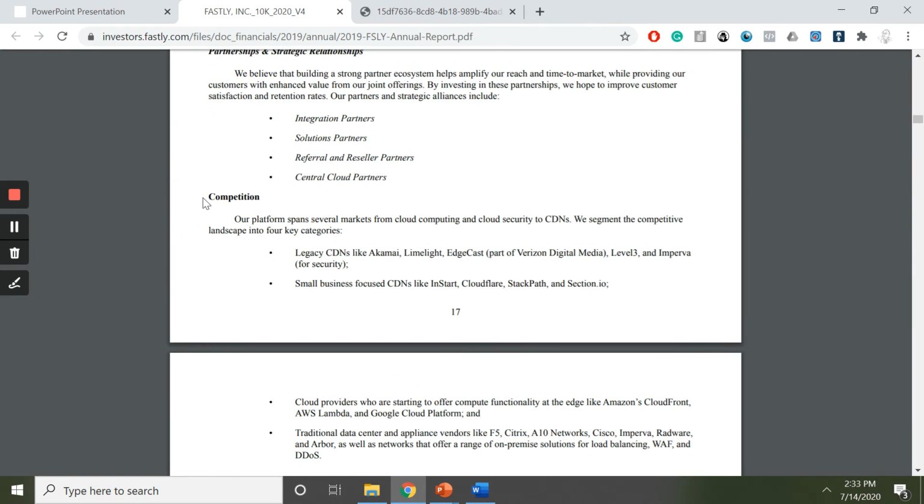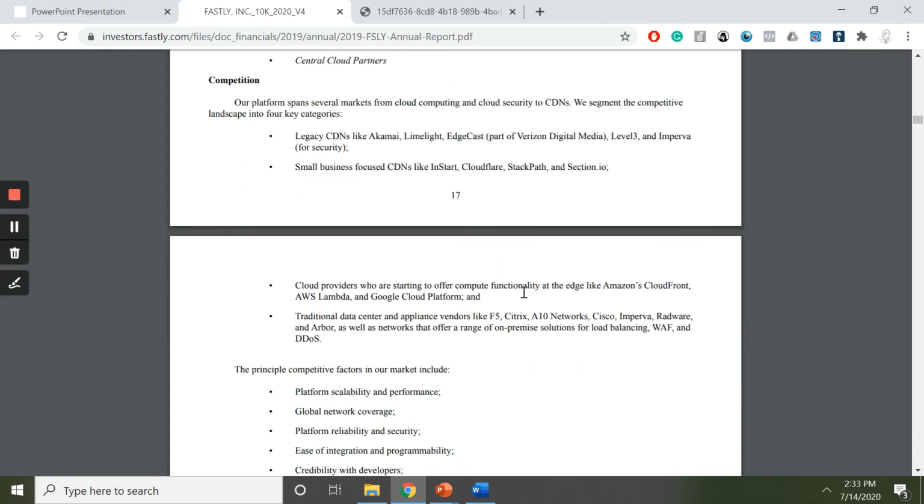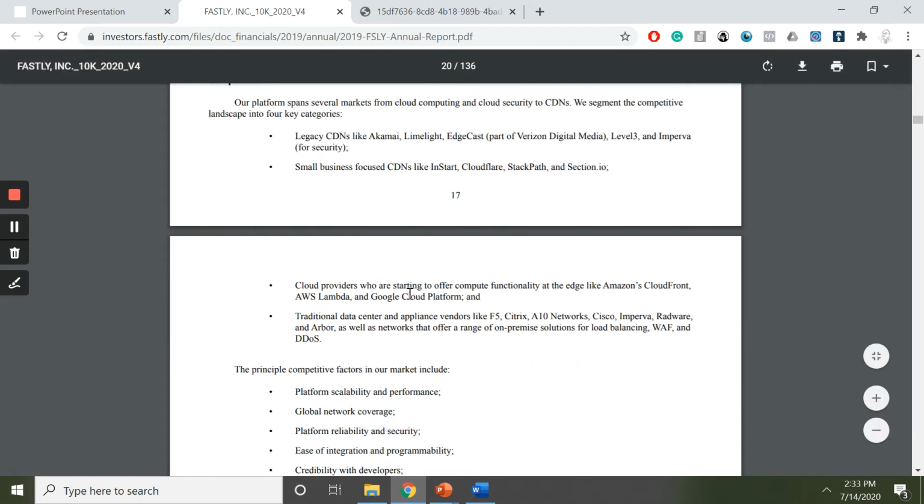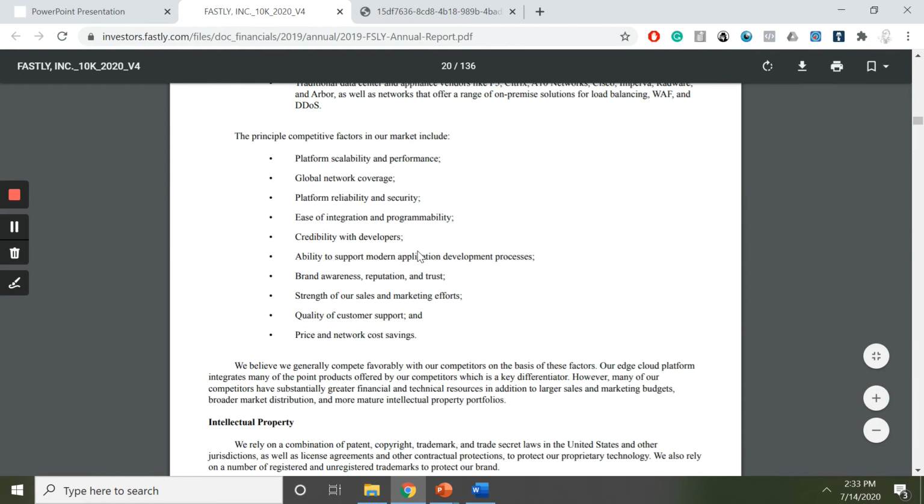So here you see competition, and they talk about their competitors. You might have heard of some of these companies. Cloudflare is another one, which is a public company. They also talk about Amazon's CloudFront, AWS, and Google Cloud Platform. It's important to know their competitors.